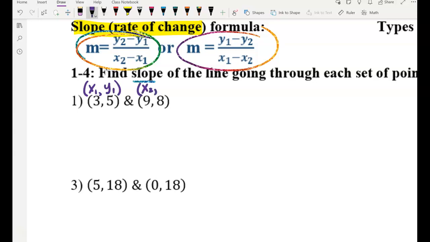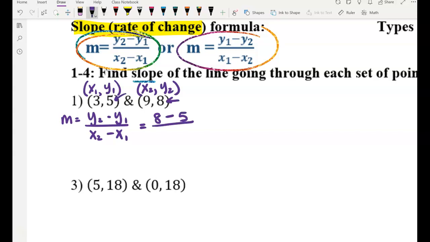Okay, so x1 comma y1, x2 comma y2. So when we use the formula y2, let's use this one, minus y1 all over x2 minus x1. Well, we know y2 is 8, so 8 minus y1 is 5 all over x2 is 9 minus x1 is 3. Yes, we do need to simplify this.